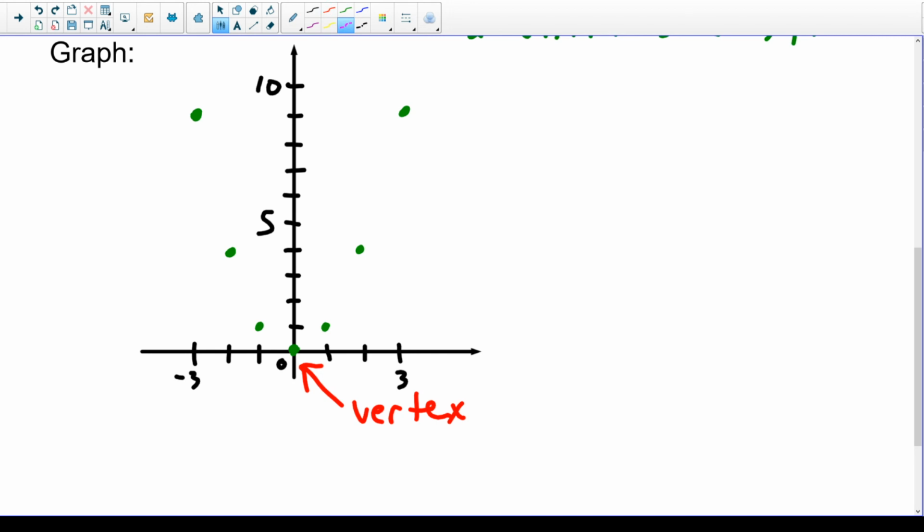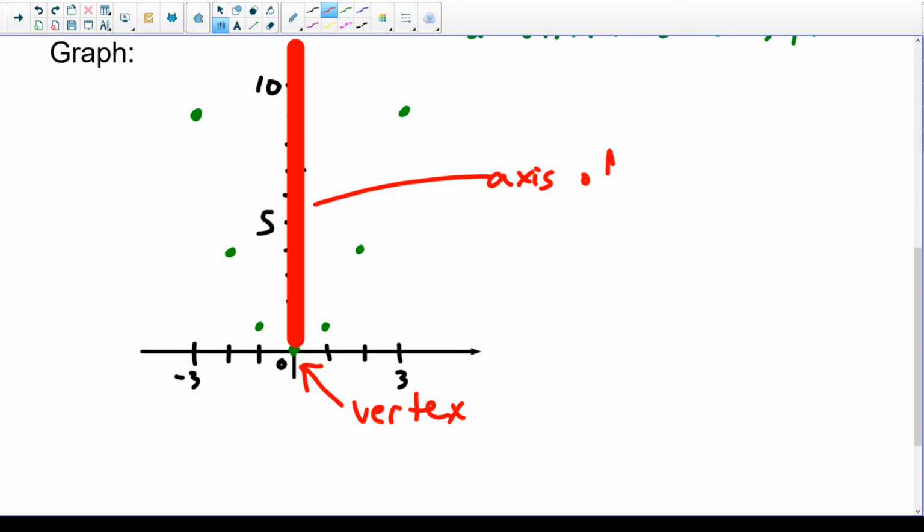You can draw a line down the center. Let me use a straight line here. You can draw a line down the center of a parabola, and that line is called the axis of symmetry, which is another word that you need to know for parabolas.